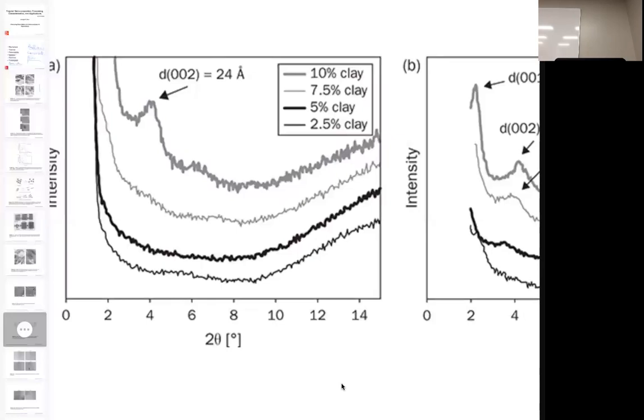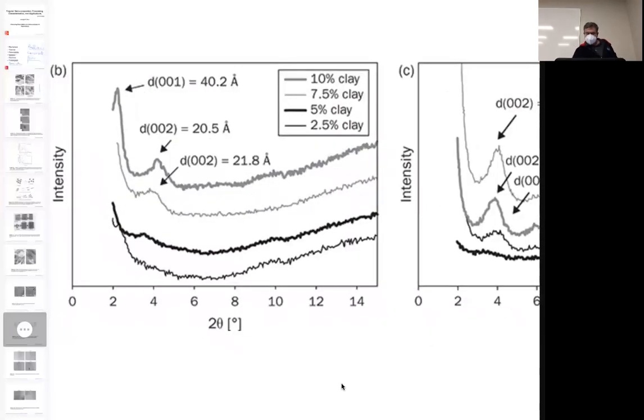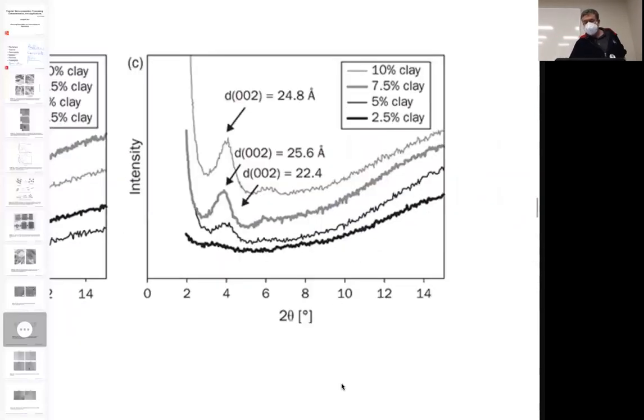And this is that same line here. So this is the same line here, where you start seeing, at this one, it's even a lower loading, the 7.5. We're starting to see intercalates. And in this one, we actually start seeing intercalates even lower.